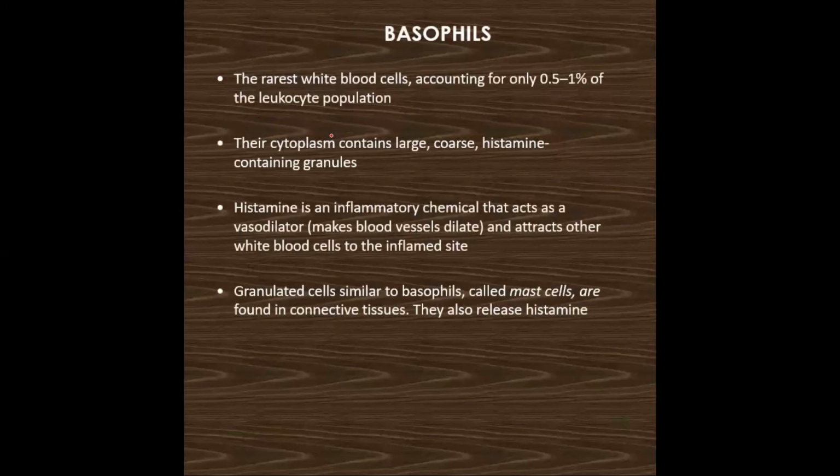Now comes the basophils. They are the least common of the granulocytes, ranging from just 0.5 to 1% of white blood cells. They contain large cytoplasmic granules, which play a vital role in mounting a non-specific immune response to pathogens and allergic reaction by releasing histamine and dilating the blood vessels.